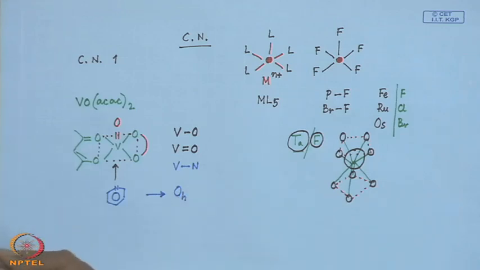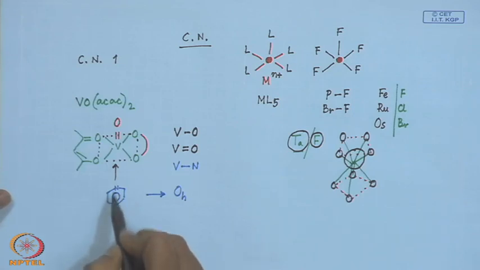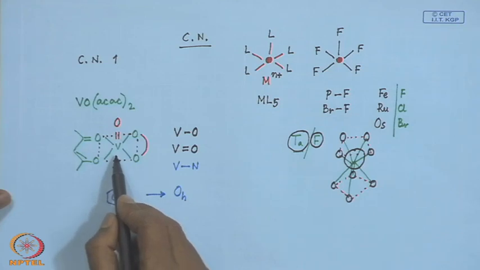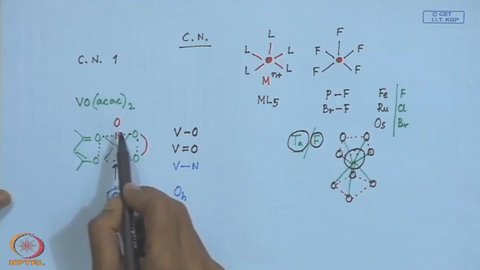So, not only from the structural point of view, but also from some other reactivity patterns, we can see how these new groups are entering the vanadium center or vanadium coordination sphere, and how this double bond will react further.